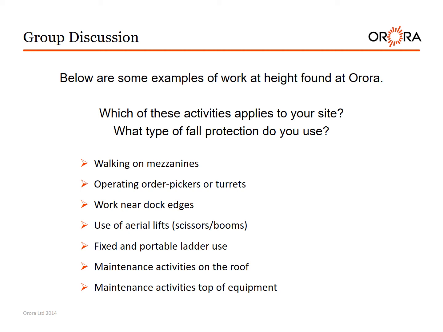Use of aerial lifts, scissors, booms. Fixed and portable ladder use. Maintenance activities on the roof. Maintenance activities on top of equipment. Which of these activities applies to your site? What type of fall protection do you use? I'll pause for you to discuss.